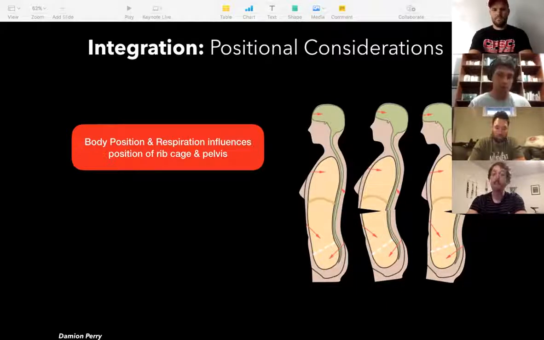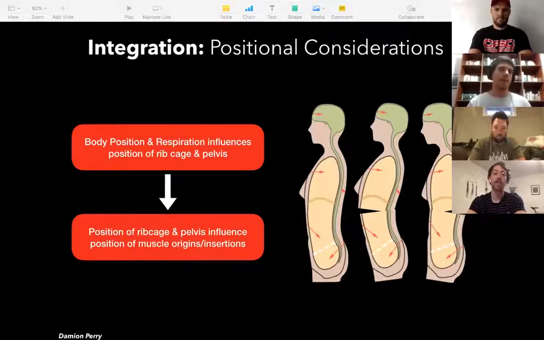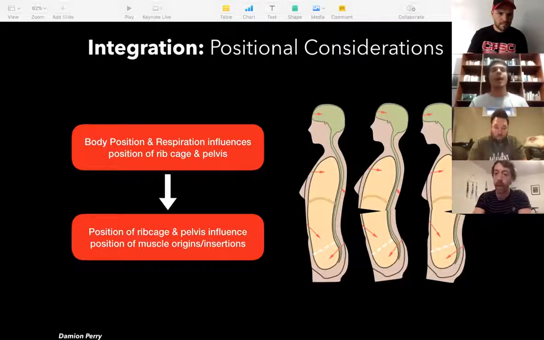So knowing what's happened with a lot of the things that I've discussed, what do we start to have to evaluate? The position of the rib cage and pelvis is going to influence the muscle origins and insertions, right? So I had a section talking about where is stuff. This is what functional anatomy is about, knowing where the stuff is.